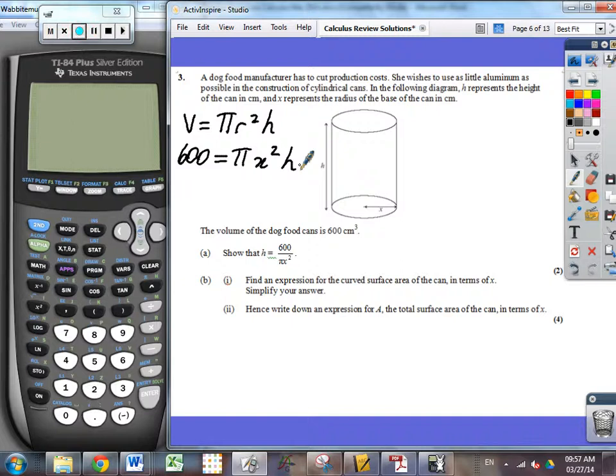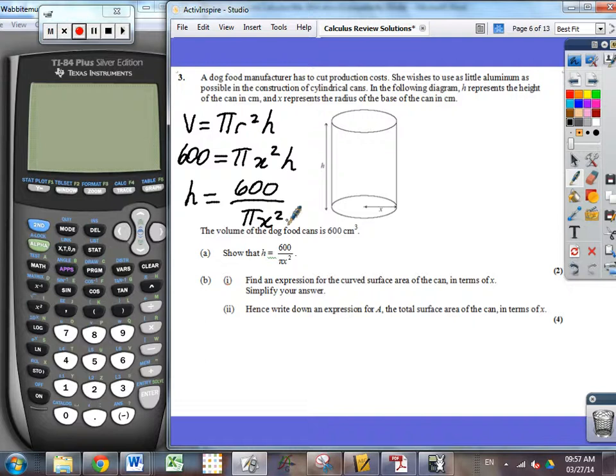So here's an equation that's true, a volume of 600, and we need to isolate h. Let's get h alone, and we'll divide both sides by pi x squared, and now you've shown the required relationship.